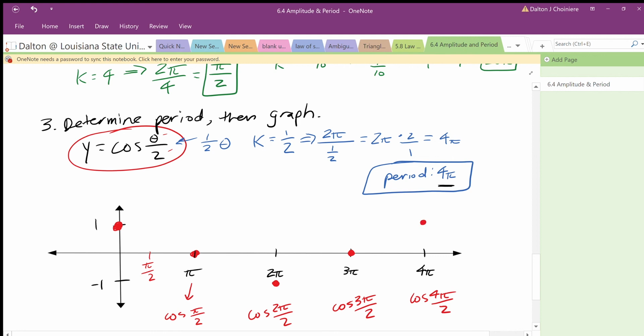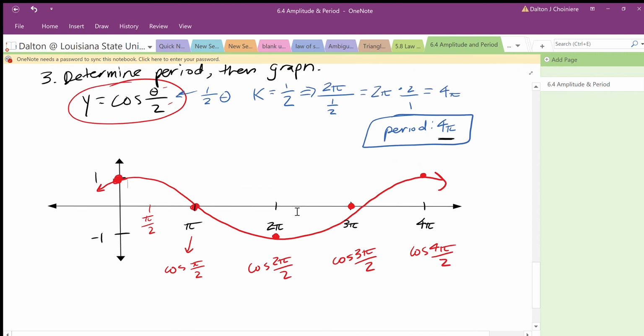So again, you can use the calculator to aid you in getting those coordinates, or just use what you know about plugging these values in and what you know about the first rotation of the unit circle. Okay, so that's how you find the period and then graph it.